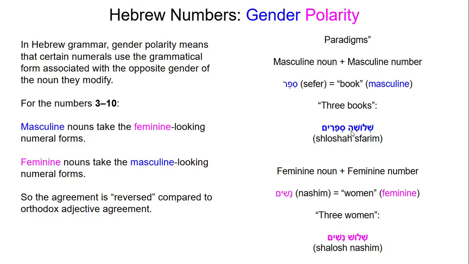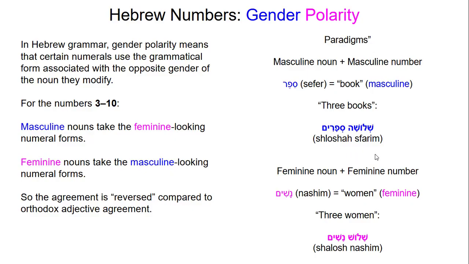So as you see in this case, Shalosha looks feminine, but it's performing in the masculine. It is gendered in the masculine. It is a masculine gendered word. That's why it links up with a masculine noun. So masculine nouns like sefer connect with masculine numbers. So to say 3 books in Hebrew would be Shalosha Sefarim, 3 books.